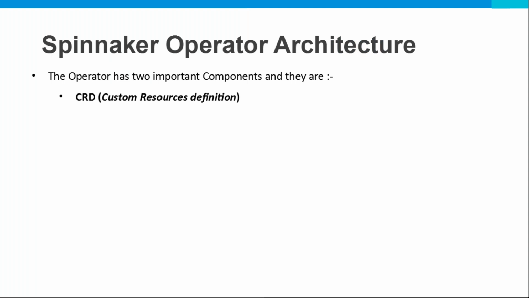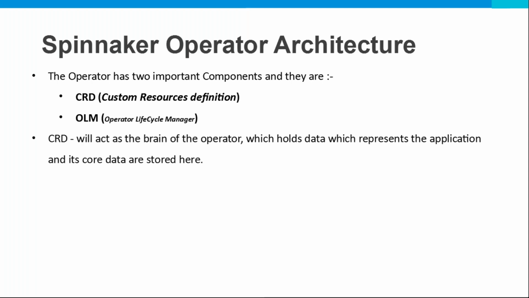So Spinnaker Operator has two important components: the custom resource definition and the operator lifecycle manager. The CRD will basically control the operator with all the data that represents your application.